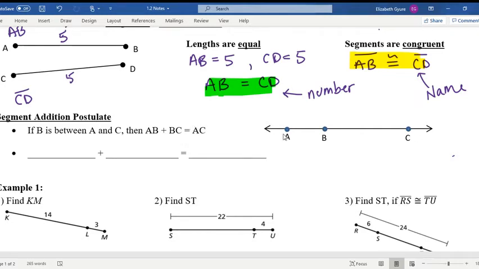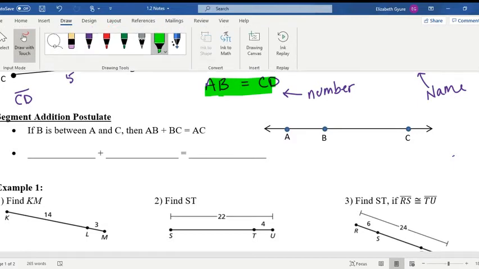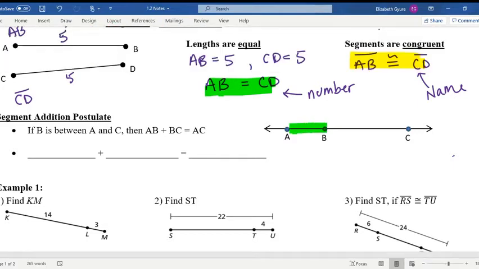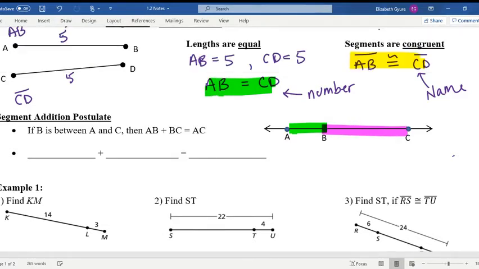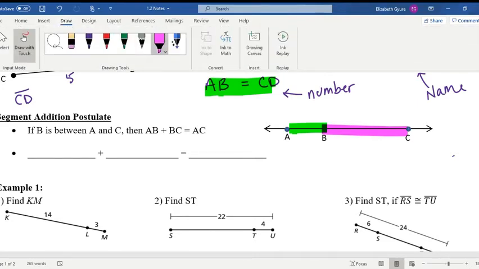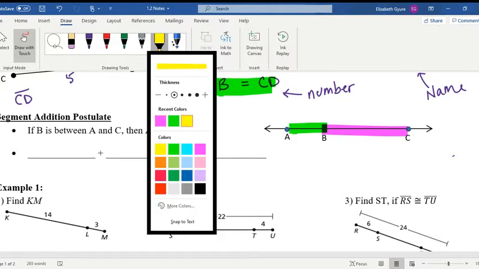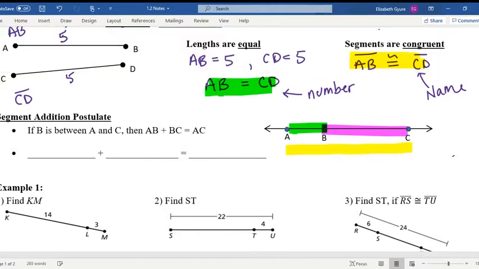In other words, you have this big segment here, and it's being broken down into smaller parts. You have a little part from A to B, another little part from B to C, and then you also have the whole thing from A to C.